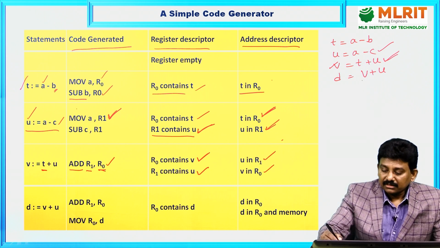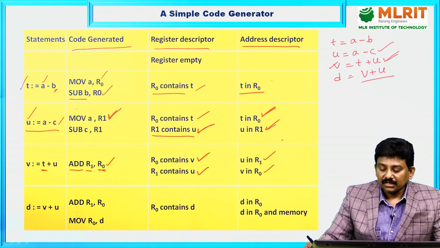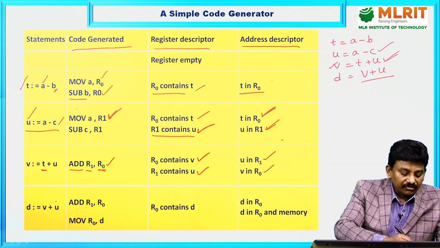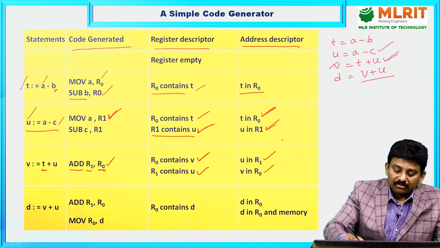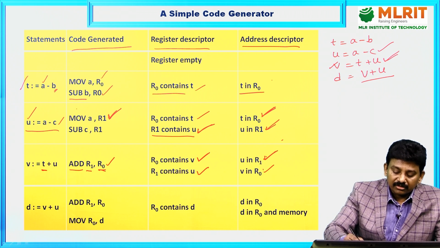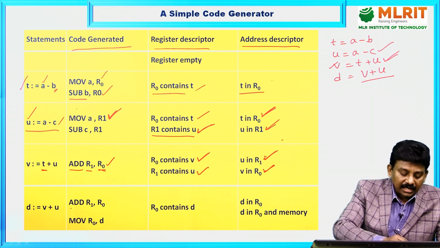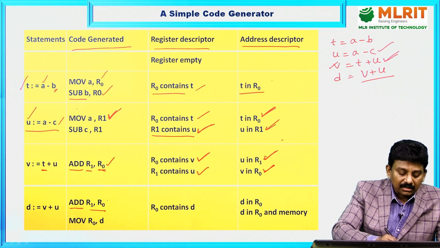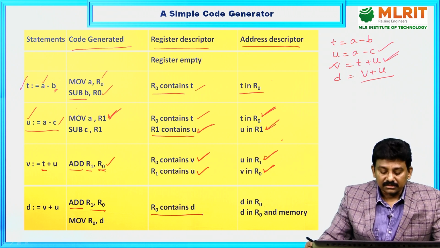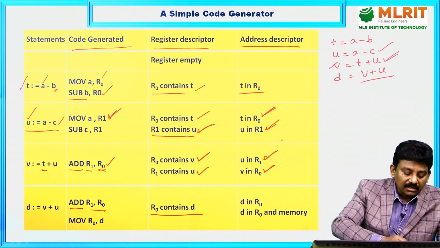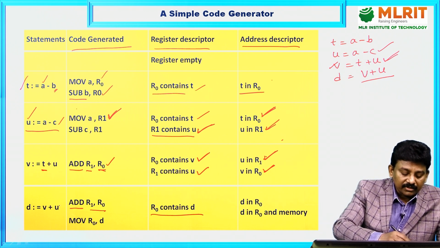Next, the final statement: u plus v added and the result is stored in d. So adding v and u, where are u and v available? u is available in r1, v is available in r0. So add r1 comma r0, r0 containing the result, that is d. After that r0 contains the result of v plus u, that is d.